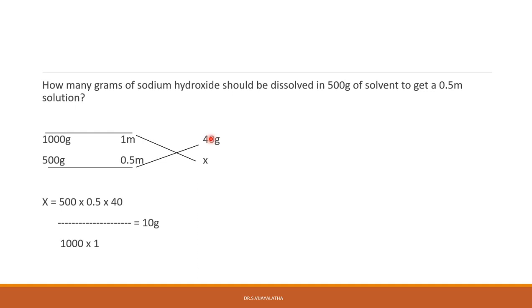If it is 1 molal, it is 1 mole in 1000 grams of solvent. So here also I have to put the mole, so instead I am putting the gram molecular weight. For sodium hydroxide we have already seen it is 40. Now we know the solvent is 500 grams and we know the molality. Therefore, we are able to find out what is X. 500 into 0.5 into 40 divided by 1000 into 1.